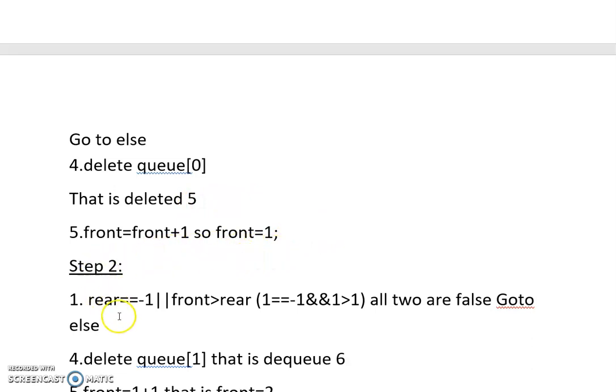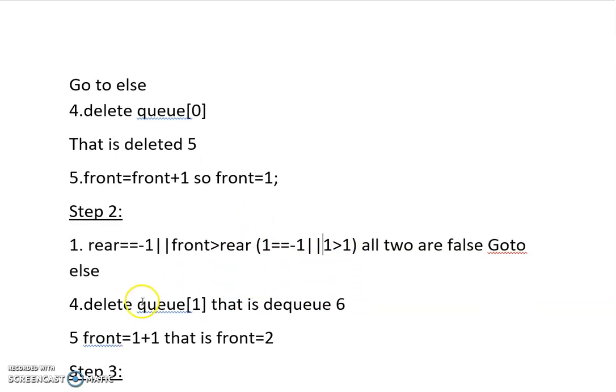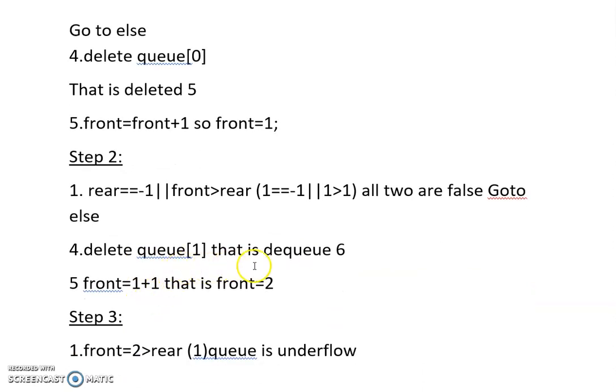Next, step 2. If rear equal to minus 1 or front greater than rear. That means 1 is not equal to minus 1 and front value here is 1. 1 greater than 1 is false. So both are false. If both are false, again go to the else part. Now delete Q of 1. That is Q6 is deleted.